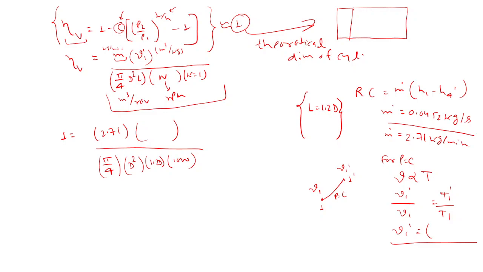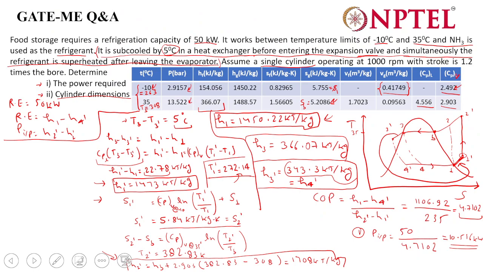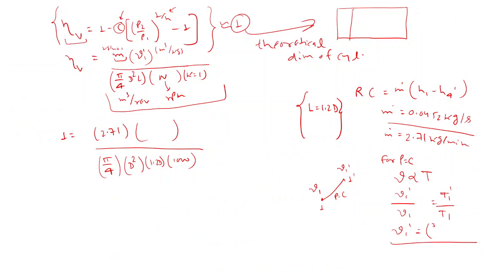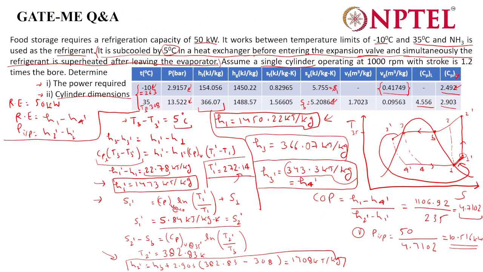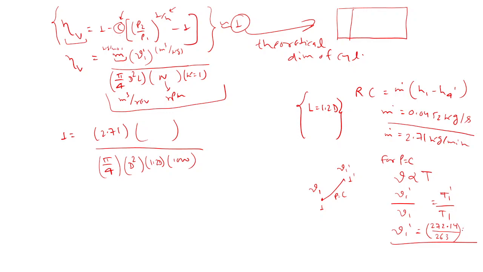Can anyone tell? 272.14. And what is the T1? 263. And what is the V1? 0.41749.